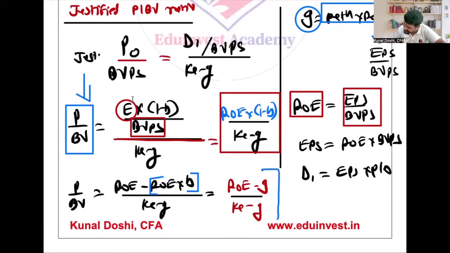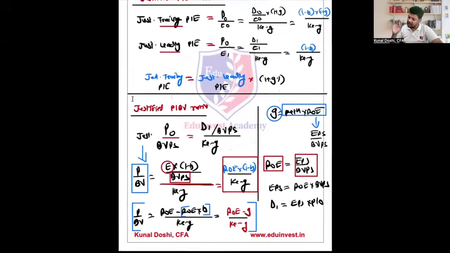This is how I can translate the justified price to book value. So if you notice, the only difference is between ROE and cost of equity. If the ROE is greater than cost of equity, your justified price to book value ratio is higher, otherwise lower. So your ROE should be greater than R, then your justified price to book value ratio is higher. Everyone understood the final formula here?